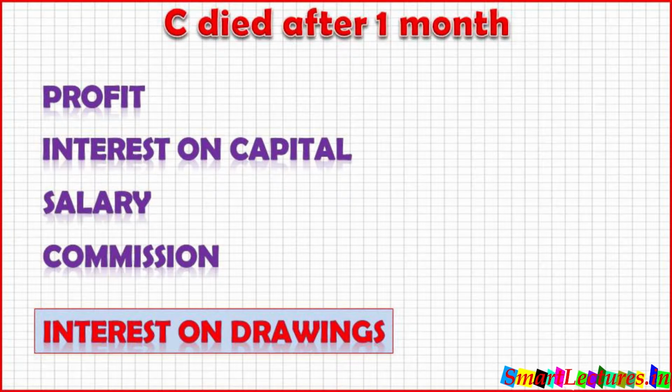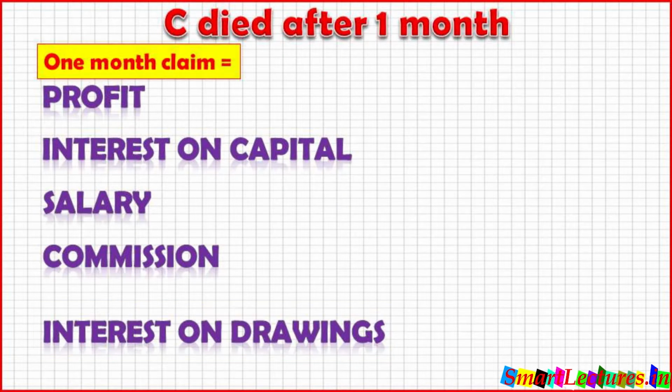So let's create a table, and you must memorize it. I strongly suggest you write it down 3 or 4 times in your rough notebook so that you can remember it. And 1 month claim will be equal to net profit plus interest on capital plus salary plus commission minus interest on drawings.